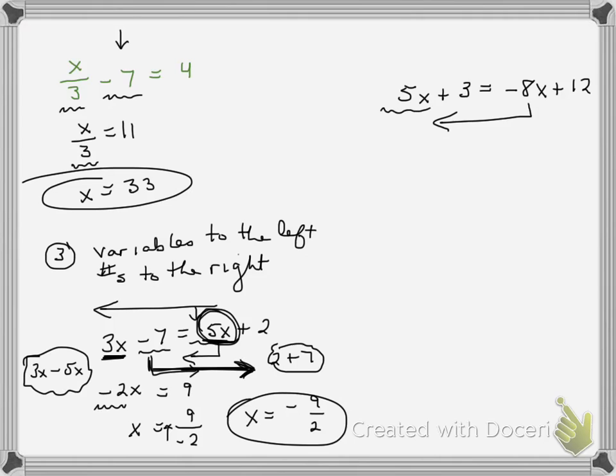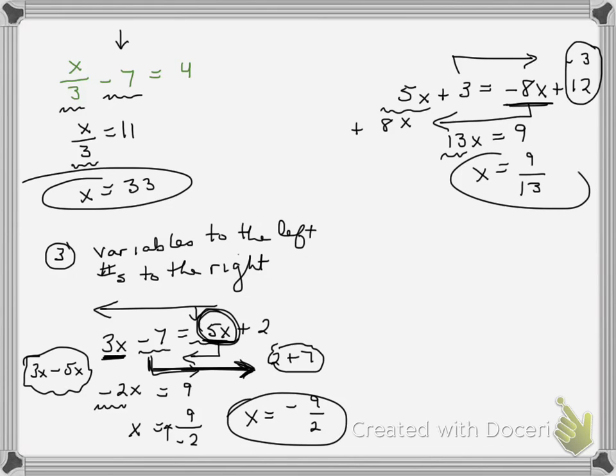So I'm thinking 5x plus 8x, opposite sign. So that would be 13x. I move this to this side. Opposite sign is minus 3. I'm combining these, not multiplying, but like adding them. 12 minus 3 or negative 3 plus 12, either way, right? They mean the same thing. 12 minus 3 is 9. And now I want to get rid of that by dividing, 9/13. Okay, so that's what your quiz will be on.